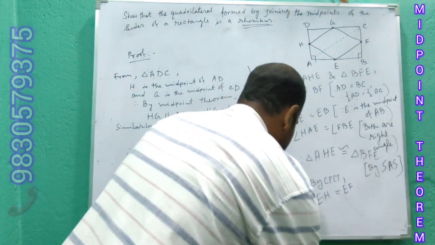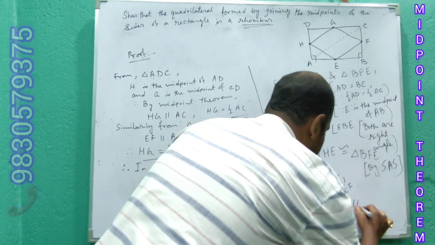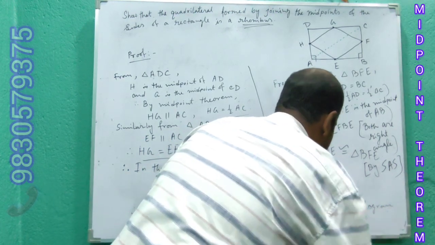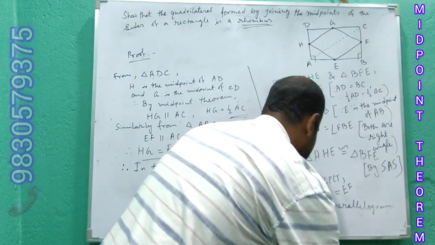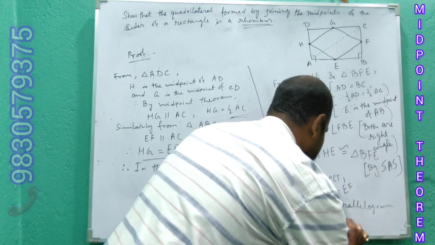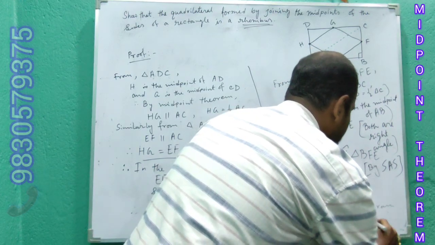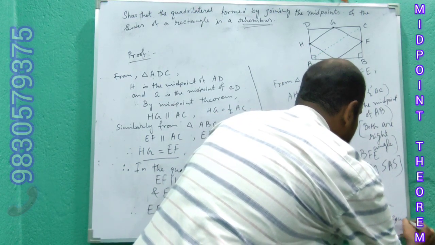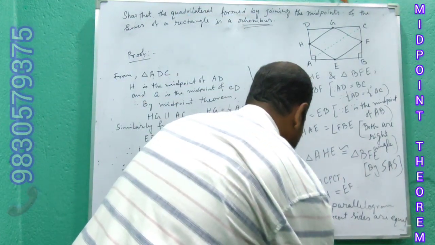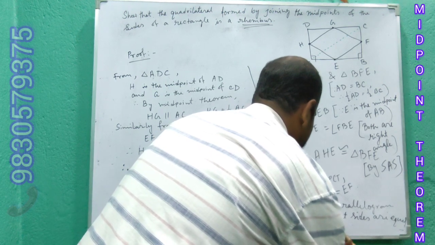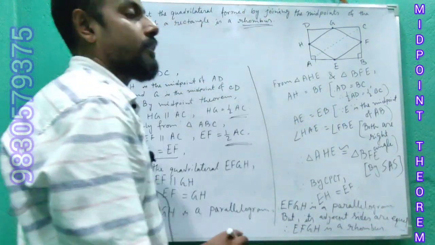EFGH is a parallelogram, but its adjacent sides are equal. Therefore, EFGH is a rhombus. Hence, proved.